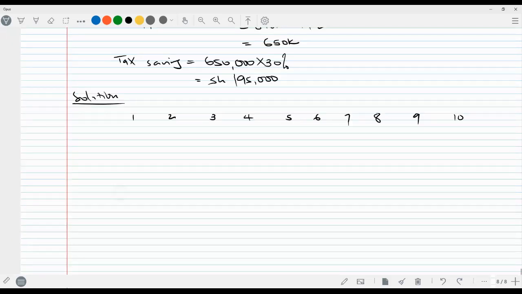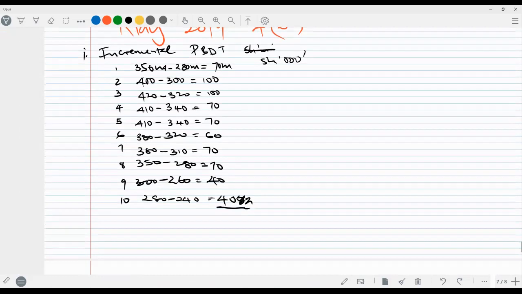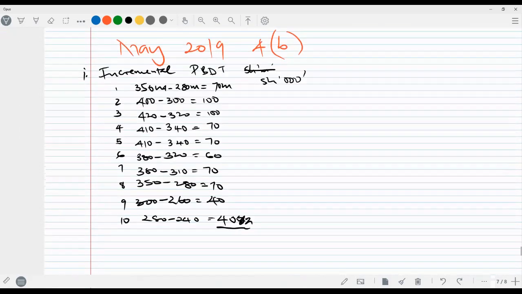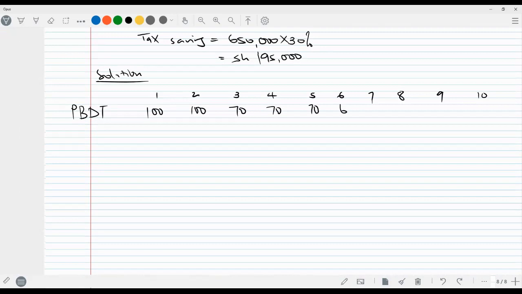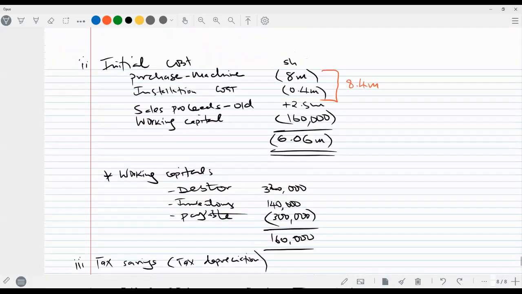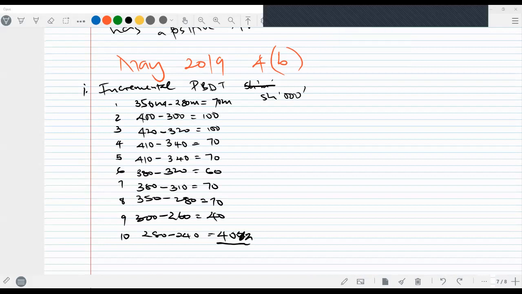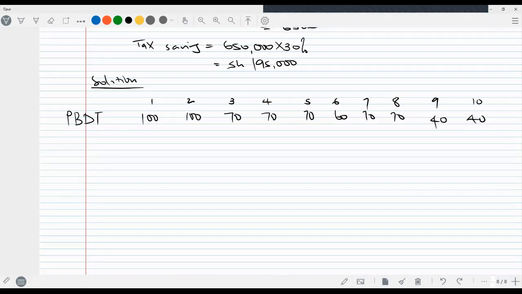Year 1, because we are going to start with incremental profit before depreciation and tax, which you have already done. 100, 70, 70, 60, 70, 70, 40, 40, in thousands.